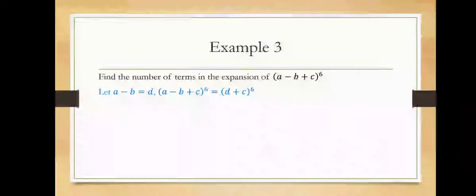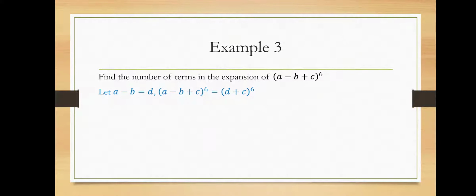If you are confused about how you are going to manage a - b, clubbing two terms as one term is something which helps you to understand the problem better. You may not do that, you can do it directly as well.